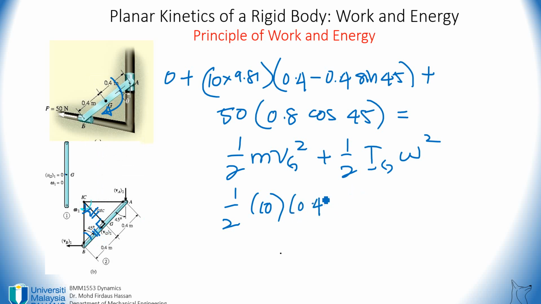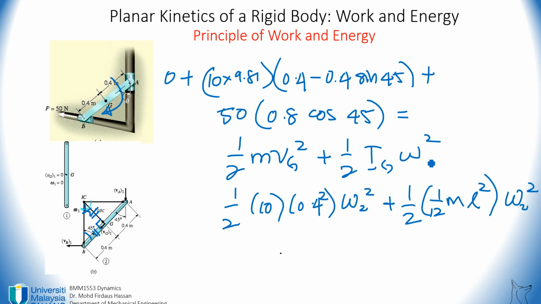So 0.4 squared times omega 2 squared, plus half Ig omega 2 squared. What is Ig? Ig for a rod is 1 over 12 m l squared.